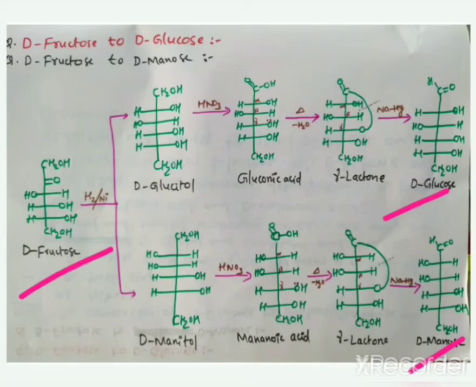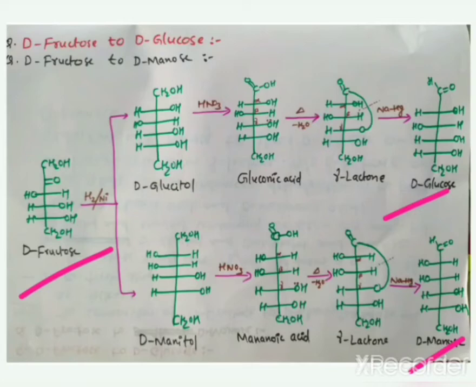Students, 4 conversions are there. One is D-arabinose to D-glucose, that means 5 carbon carbohydrate to 6 carbon carbohydrate. It is also known as the Kiliani-Fischer method. Reverse, Ruff degradation: 6 carbons to 5 carbons. 6 carbon means D-glucose, 5 carbon means D-arabinose.